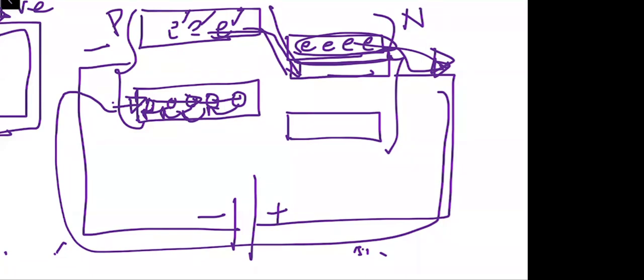And depending upon the number of minority carriers on the P side, there will be a very small amount of current flowing due to the minority carriers, right? So as you can see, these minority carriers will be just producing a small current in the opposite direction. But the amount of this current is very, very small, right?